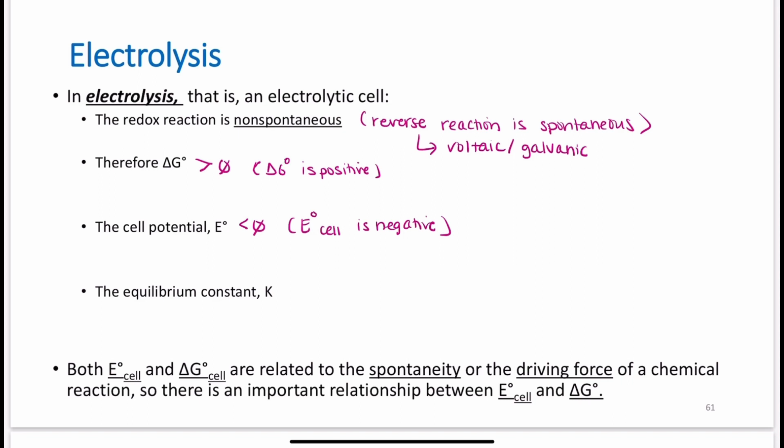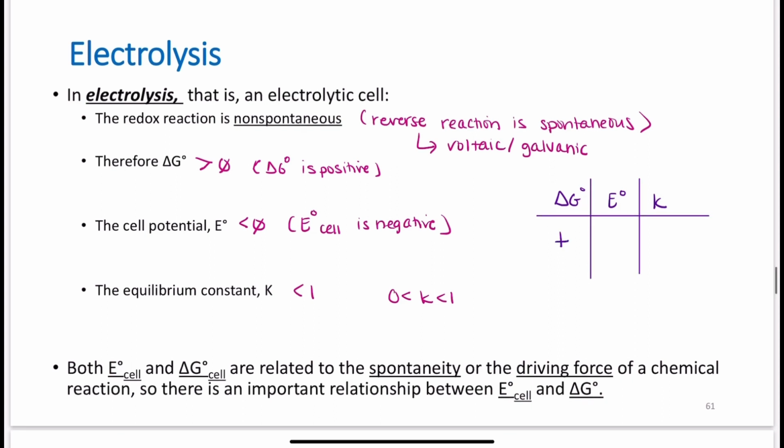The equilibrium constant K is less than 1. 0 is less than K is less than 1. So overall summary: delta G, your cell potential, and your K. Delta G will be positive, E naught will be negative, and K will be between 0 and 1.